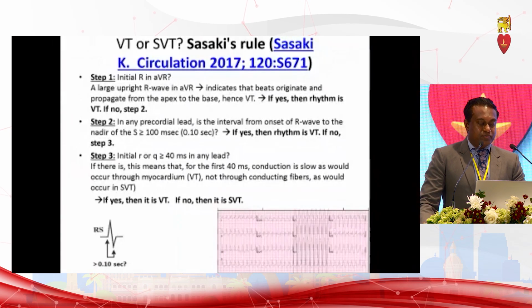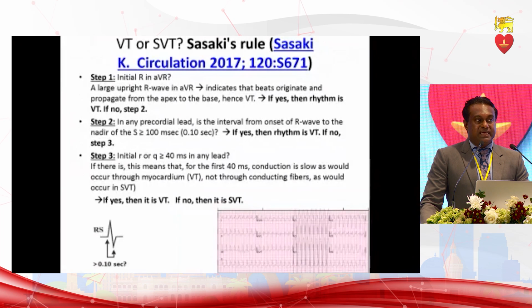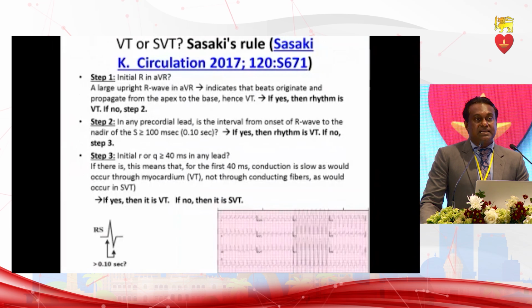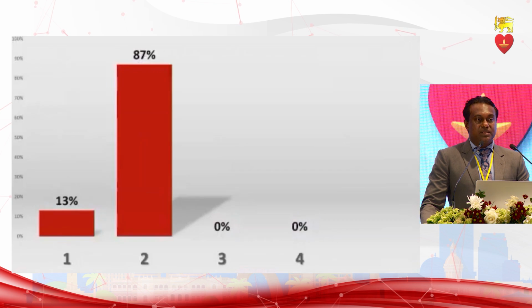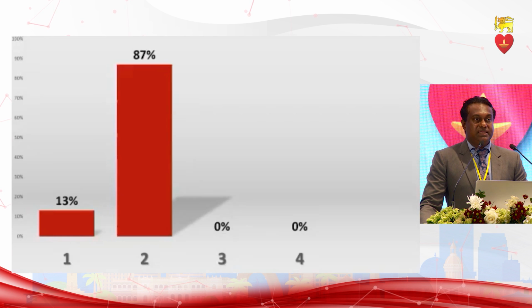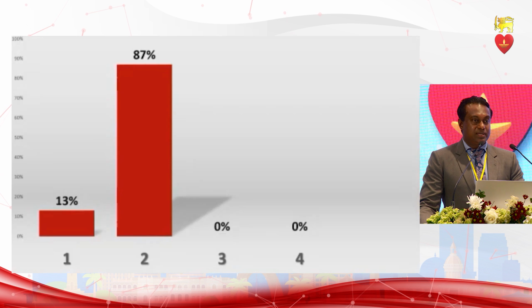Before we give the answers, whenever we encounter a wide complex tachycardia, the question is whether it is a VT or whether it is SVT. If you just say VT, we are likely to get it correct 80% of the time.